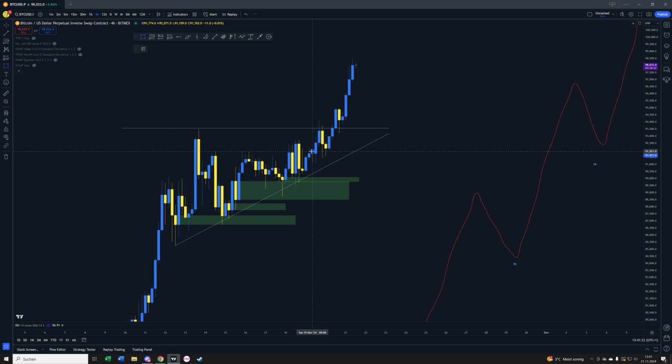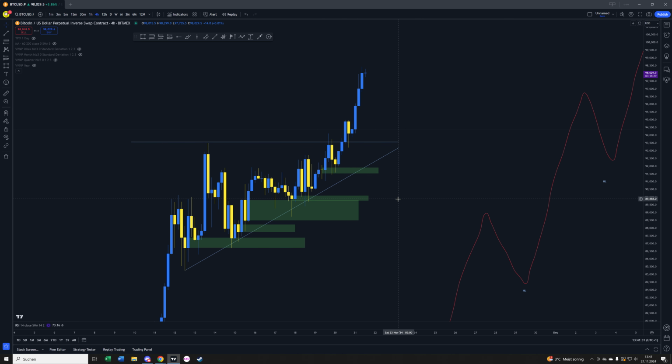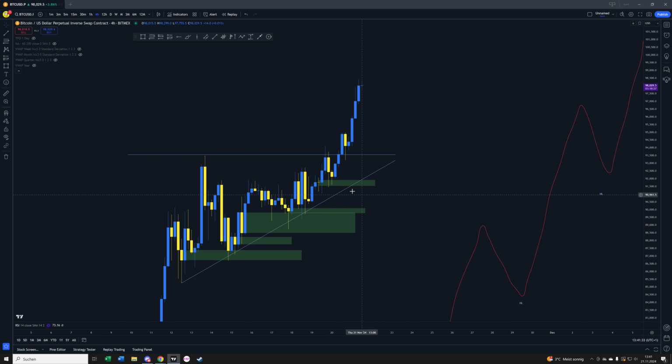And then we had a candle here where we also took the liquidity below the order block. I mean, you can't really call this an order block because it's just a little small line, but technically it's an order block. Anyways, these two candles are also an acting order block.